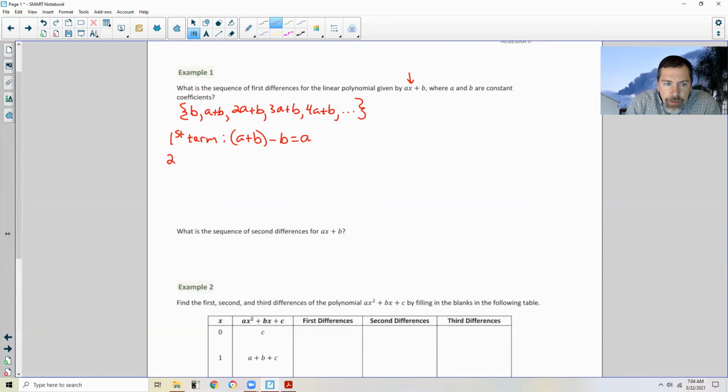For the second term, you then take the 2a plus b minus a plus b. So to get the first term, I took the second term minus the first term. For the second term, I'm going to take the third term minus the second term. So it's going to be 2a plus b minus a plus b.